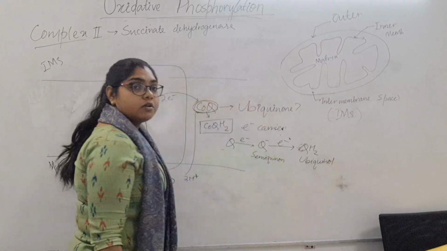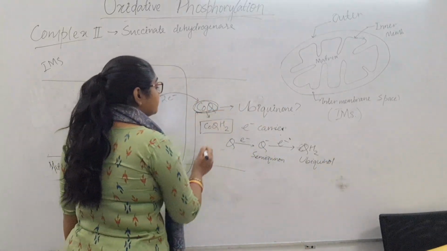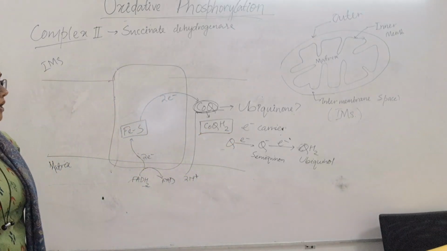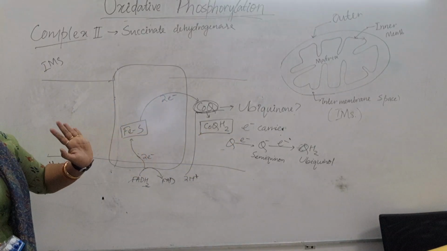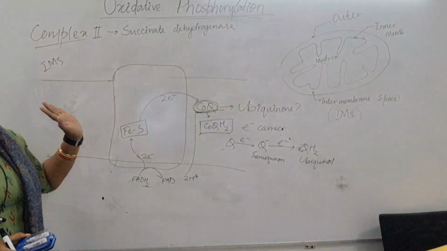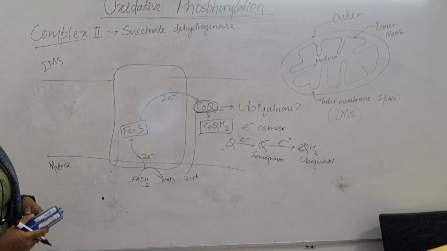Okay, now understood what ubiquinone and ubiquinol are. And ubiquinol is the electron carrier of complex 1 and complex 2.